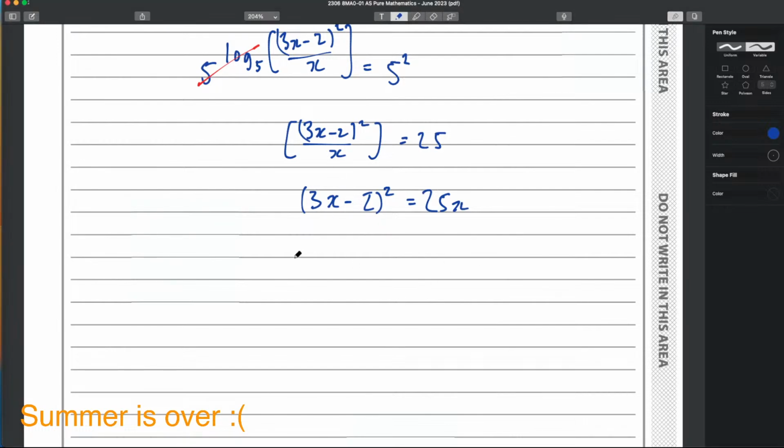Alright, expanding these out, we get 9x squared take 12x plus 4 equals 25x. Right. And then 9x squared, 25 take 12, 37. That's not a nice number.